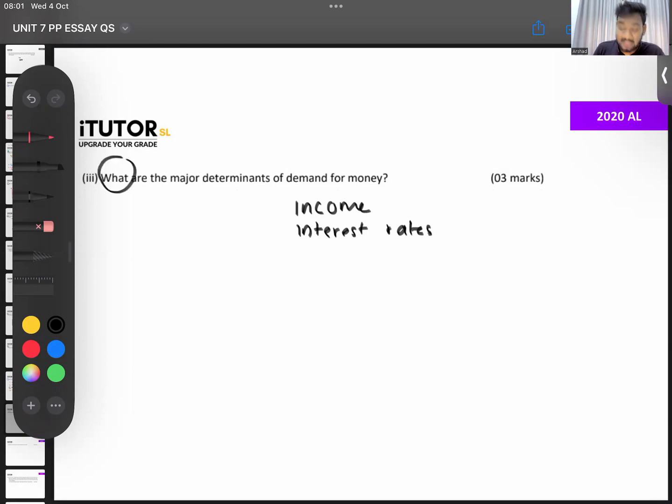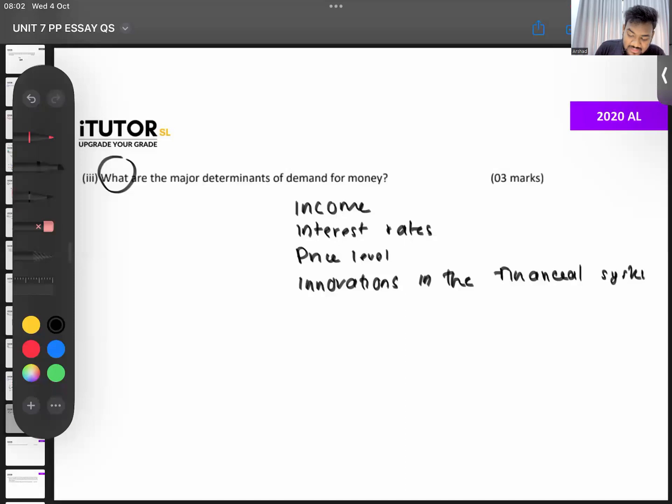So apart from this, price level, then innovations in the financial system, exchange rate, not really, guys. Maybe things like future expectations, your future expectations for price and even your income.